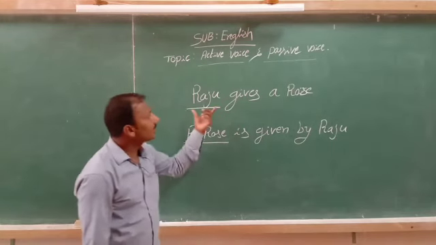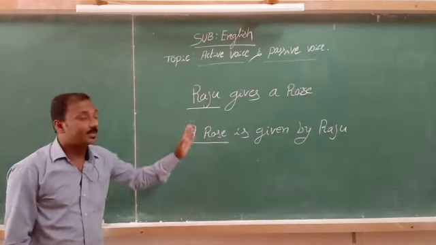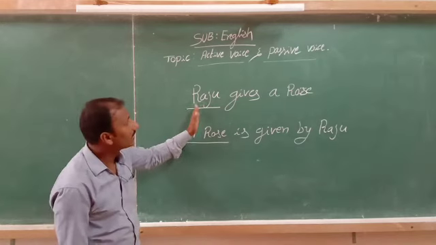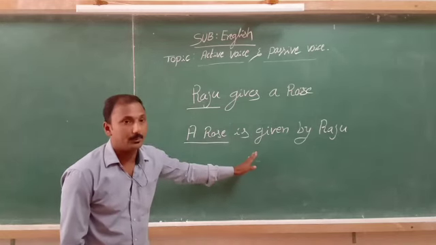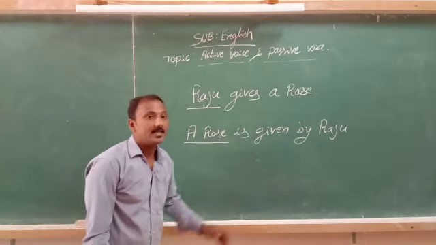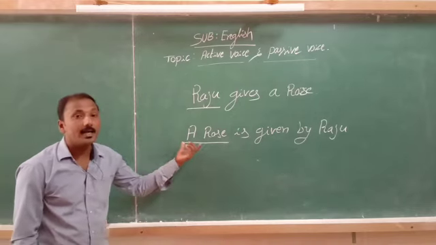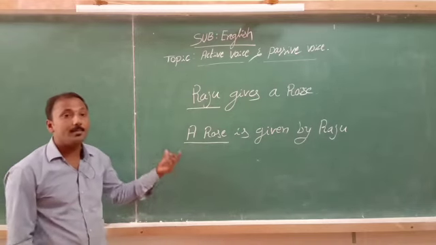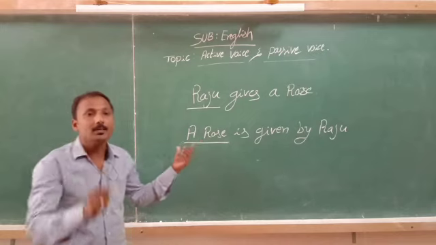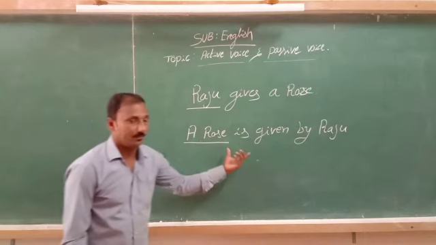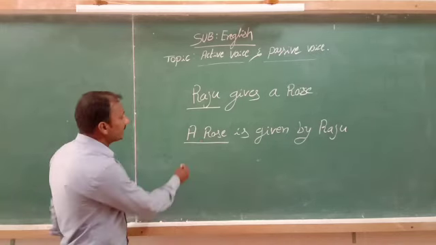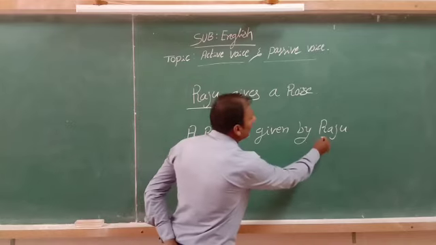Observe this, these are the steps for how we change an active sentence into passive. In a passive sentence, what is done to the subject becomes more important than the one who does the action. The sentence: a rose is given by Raju.